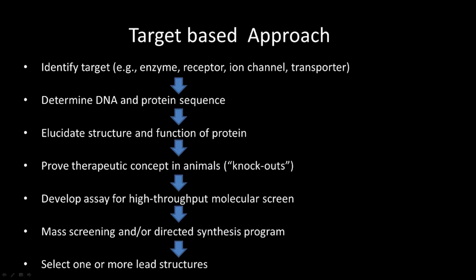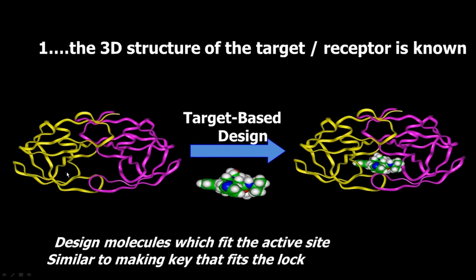Then elucidate the structure and function of the protein. Prove the therapeutic concepts in animals, develop assay for high throughput screening, mass screening, and then select one or more lead structures. So if I know the target protein, I know the active site, and so I design or I screen a large number of molecules so that they go and bind very efficiently.